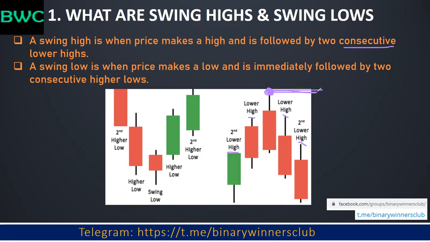I'll repeat, a swing high is the candle preceded by 2 lower high candles and followed by 2 lower high candles. So it's a candle in the middle of 5 candles. The previous 2 candles are lower than it. The candles after this middle one are also lower than the candle in the middle. So this becomes a swing high point.